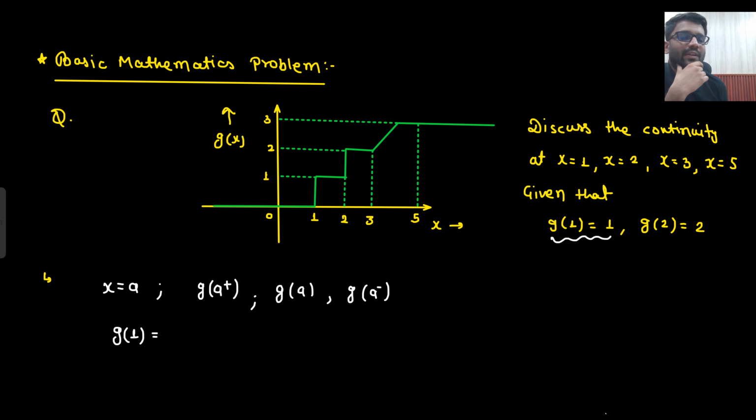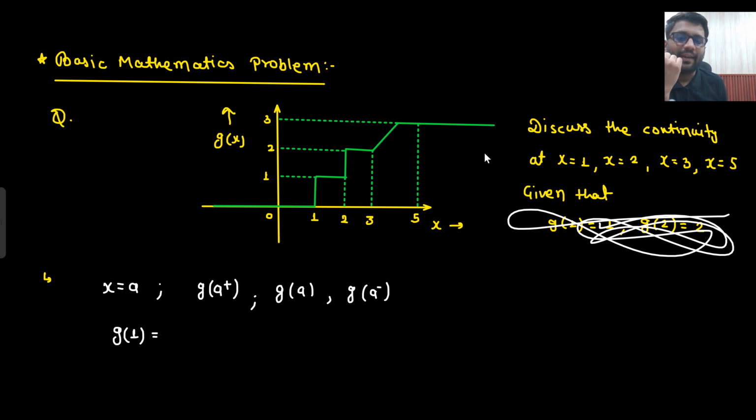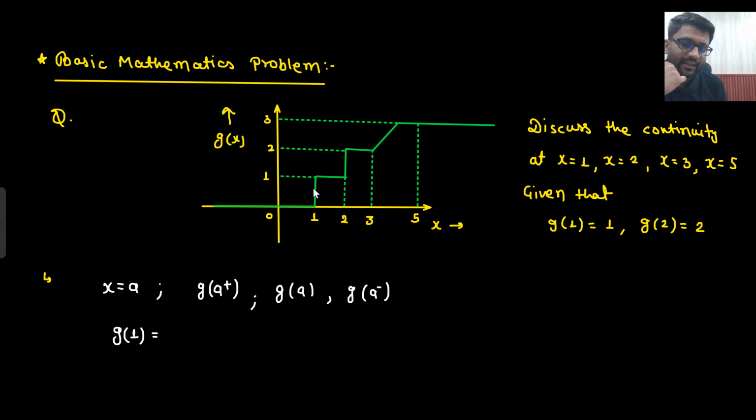That G of 1 is equal to 1. What I mean to say is that if this is not mentioned, and I ask you directly what is the value at x equals 1, you will say, sir, I cannot define it, because there is a sudden jump. But in the question, they are saying that G of 1 is 1. That means you actually need to consider the next value.